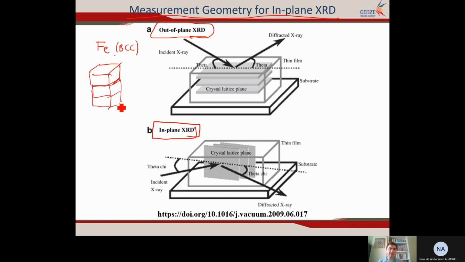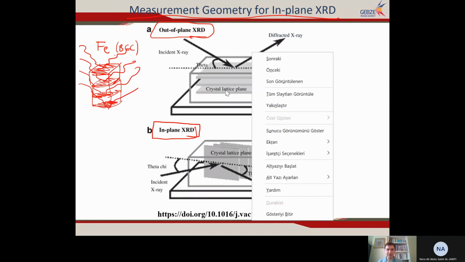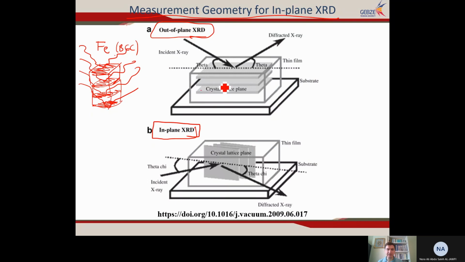Here I have one surface, another surface, and another surface. If you use out-of-plane XRD, X-rays will be diffracted from these parallel surfaces, the crystal lattice planes. We send X-rays with a certain theta angle, and they are diffracted with a certain theta angle.